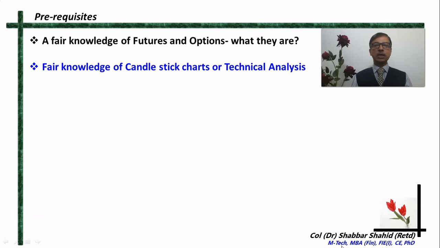That is because before you formulate a strategy, you need to form an opinion about the market or about the derivative, whether the price is likely to go up or likely to go down or remain neutral. And to form that opinion, knowledge of candlestick charts or candlestick patterns or technical analysis is very essential.